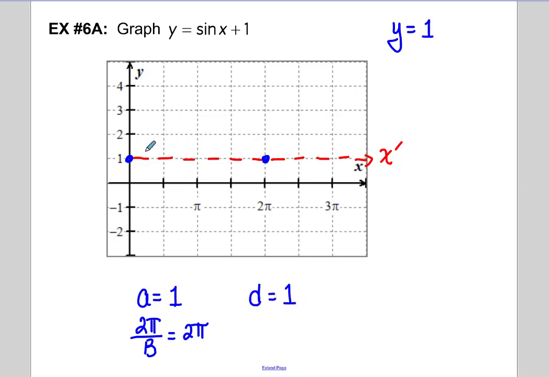So halfway in between, intercept, max, intercept, min, intercept, and we have a stretch of 1 for a max and a min following that pattern. And that graph continues on. So you can change the midline by adding a number or subtracting a number.